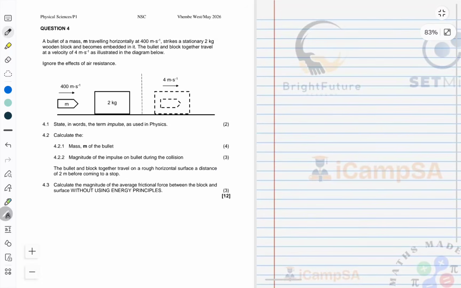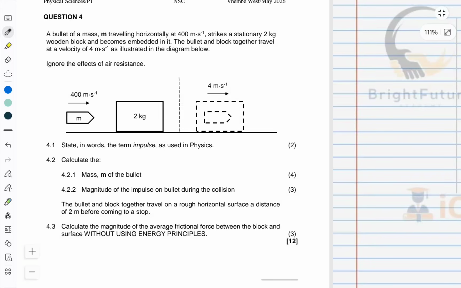All right. So question 4. A bullet of mass m traveling horizontally at 400 meters per second, we are also given that in the diagram, strikes a stationary 2 kilogram wooden block and becomes embedded in it. So the bullet and block together travel at a velocity of 4 meters per second. Okay, so we have a before and after.